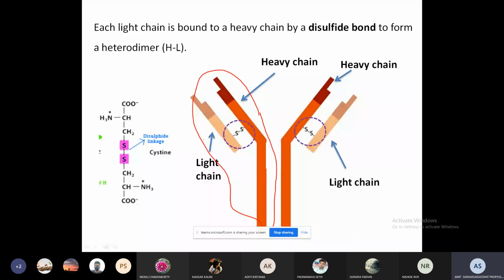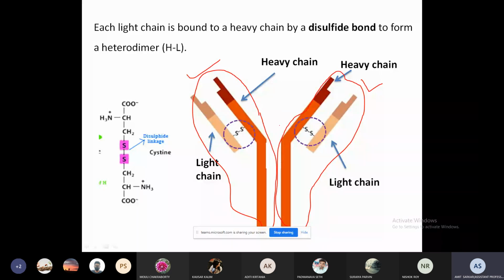In each heavy light dimer, the light chain is bound to the heavy chain by a disulfide bond. Similarly, here also one light chain is bound to its corresponding heavy chain by a disulfide bond, forming another heterodimer. So you can see that an antibody is a dimer of heterodimers. One heterodimer over here and another heterodimer over here, and then these two come together and form a dimer.